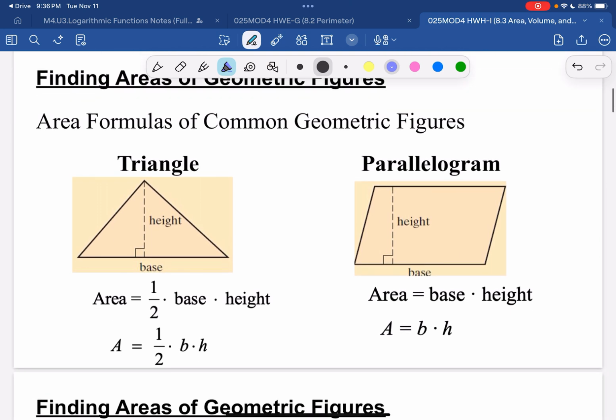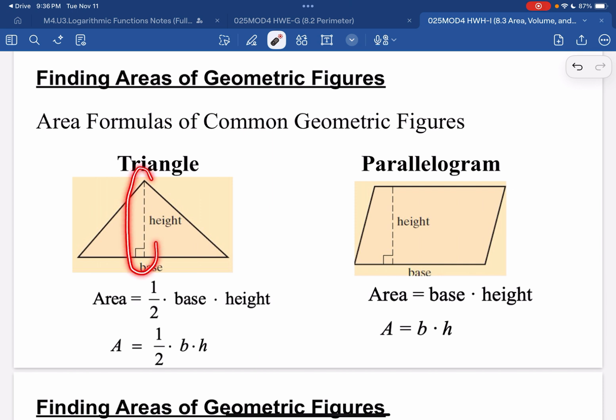The next two are going to be a triangle and a parallelogram. In a triangle, we're going to take 1/2 of the base times the height. Now, it's very important with the triangle that you look at your height and make sure that it is straight up and down. You'll see this 90-degree angle box, because you don't want to use one of the sides as a height, because they're not straight up and down.